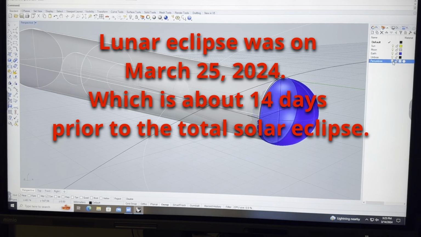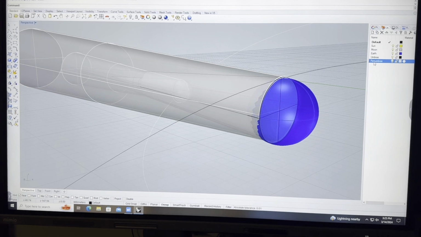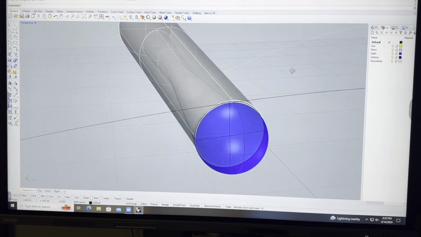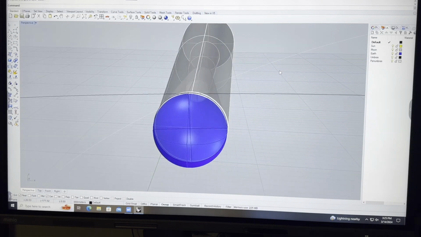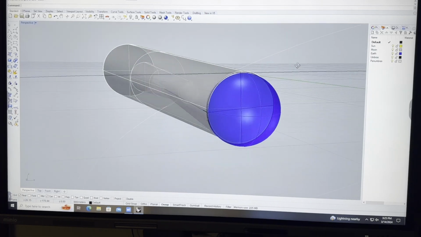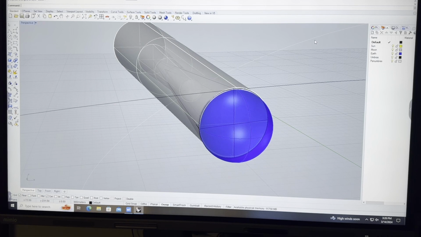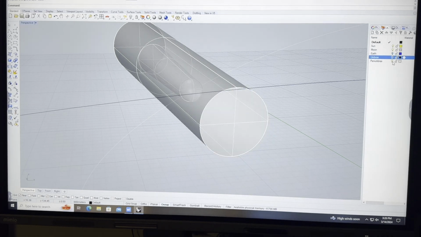And it won't be a total lunar eclipse, but a good portion of it will be. And that's because it's in the same plane as the Earth's orbital plane. So as you can see here, this thin white line is the path the moon is taking, and it's crossing through the Earth's shadow.